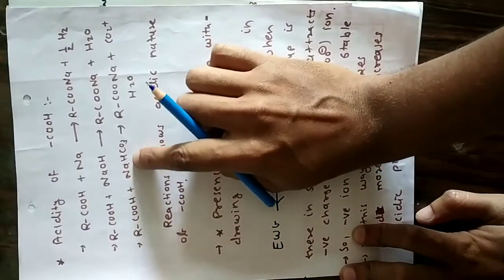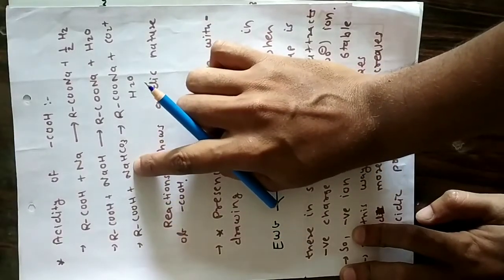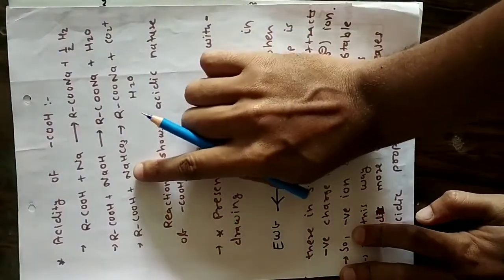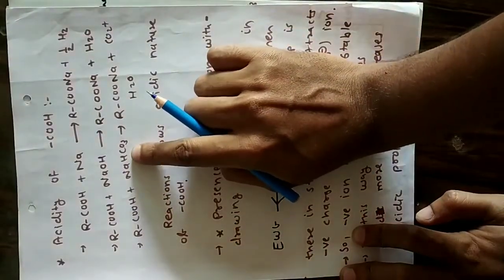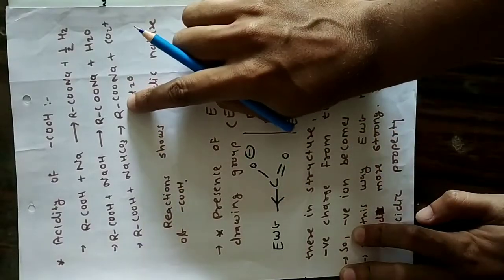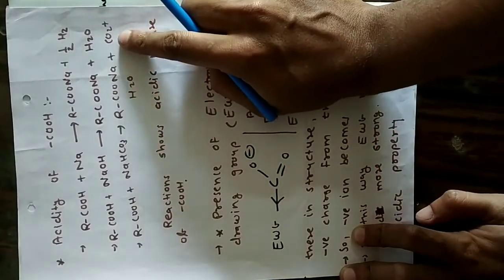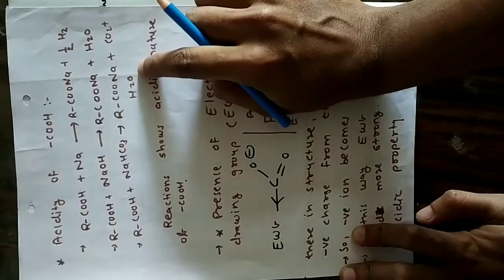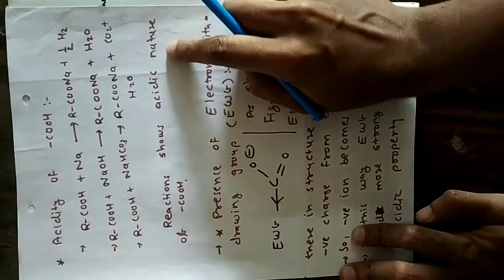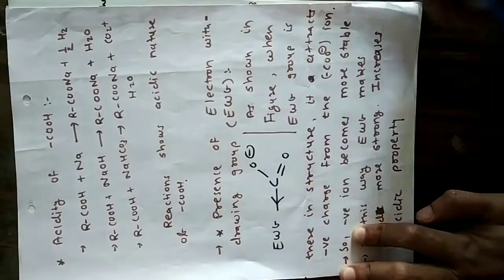Similarly, this one is also base, but mild base. NaHCO3, sodium bicarbonate, when it reacts with COOH, it gives sodium carboxylate plus carbon dioxide plus water molecule. These three reactions show acidic nature of COOH group.